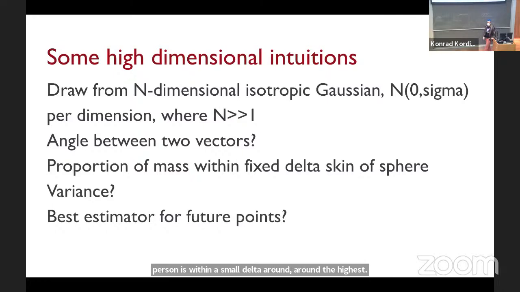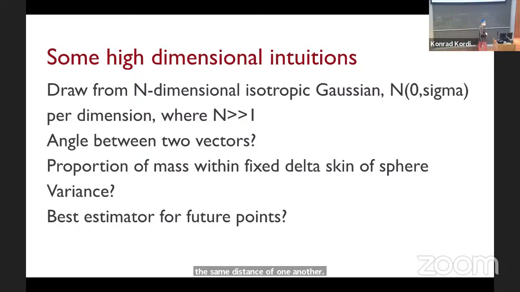In other words, what's the typical distance between vectors in a high dimensional space? Okay, all of them. Basically, any pair of high dimensional vectors is at the same distance from one another.